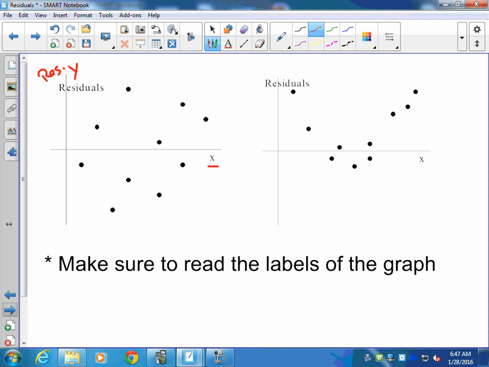It's really scattered, with no clear pattern overall, and that tells us this is a good linear association between the two variables. But if we look at this second plot, we can very easily see that parabolic look in the residual plot, so we know that this is not linear.